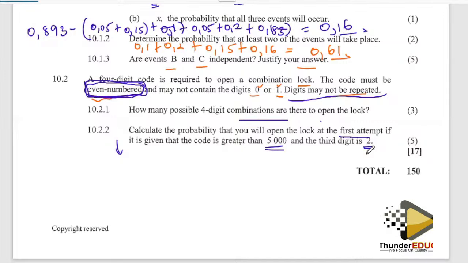So now we have conditions here. Okay. What can we do? So if a code is greater than 5,000, which means we have 3 possible options.